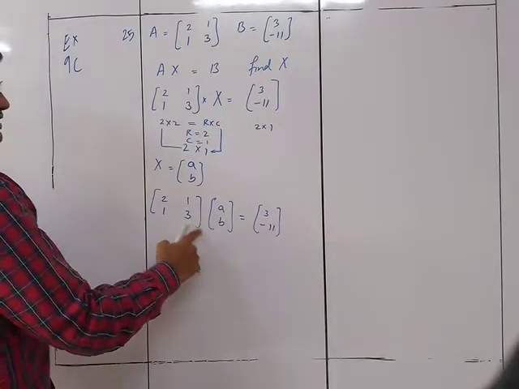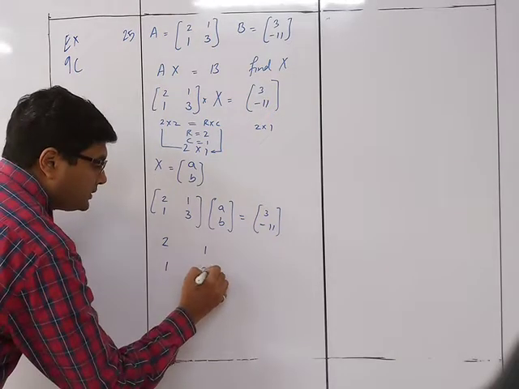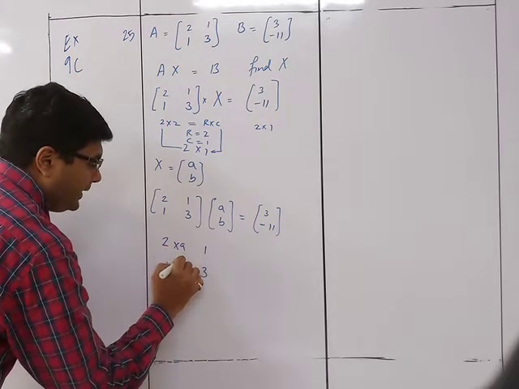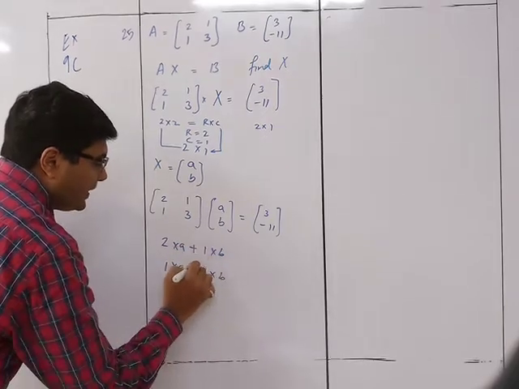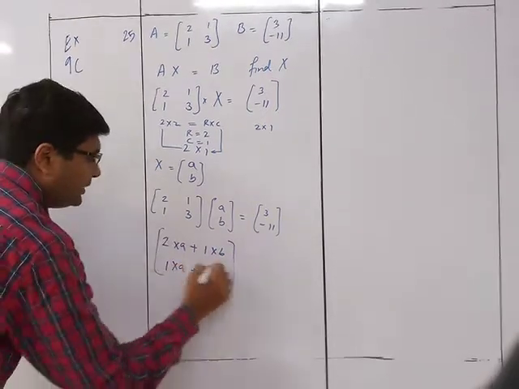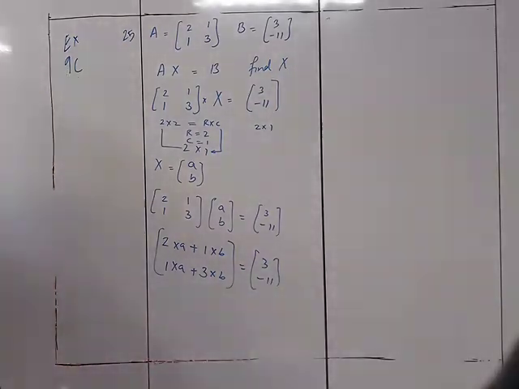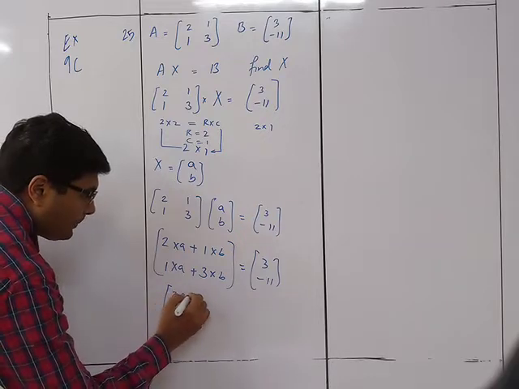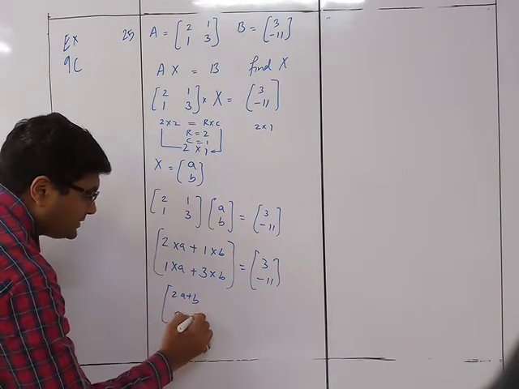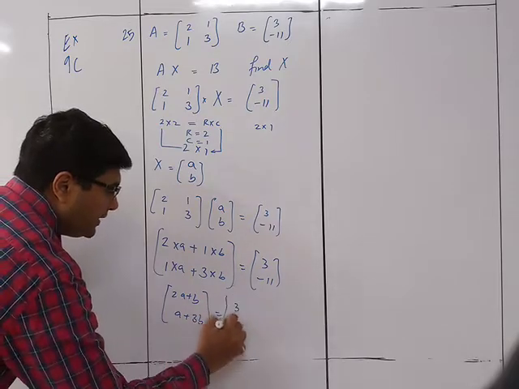Writing this, it is going to be written only once. So it is [2, 1, 1, 3] into [a, b], equal to [3, minus 11]. So you have the equations 2a plus b, a plus 3b equal to 3, minus 11.